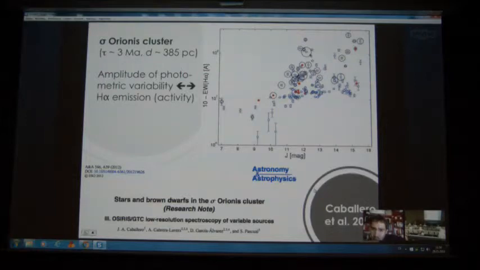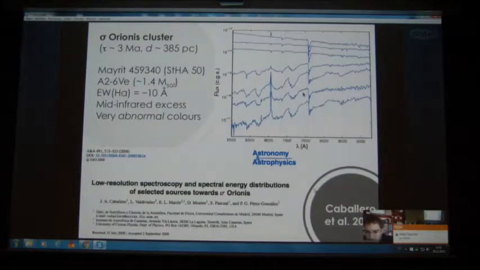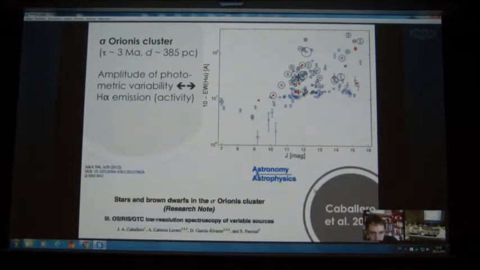What you can see in this plot is that the circles mean amplitude of photometric variability. The most variable tend to be in the top part of the diagram, which are also the most active ones. And there are few variable stars and brown dwarfs in the lower part, which means low activity.